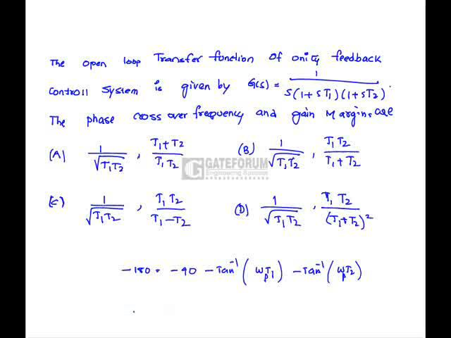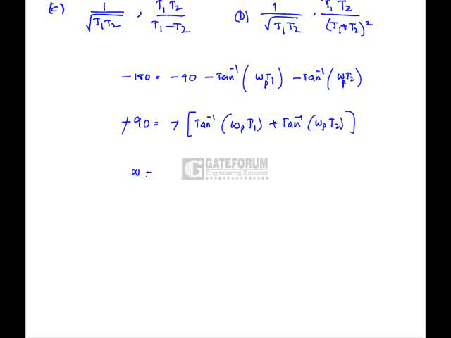Now this is minus 90 degrees minus tan inverse of omega P T1 minus tan inverse of omega P T2, equal to minus 180, so the tangent is infinite.